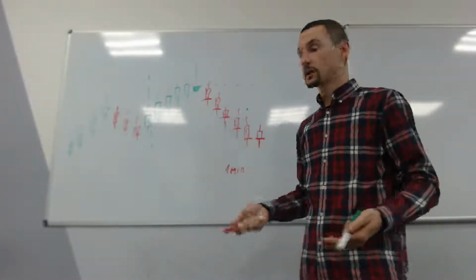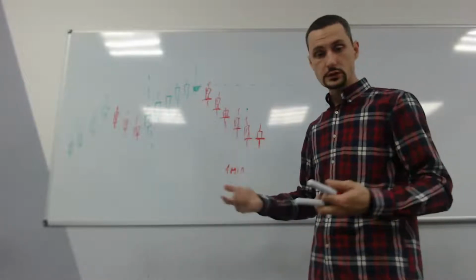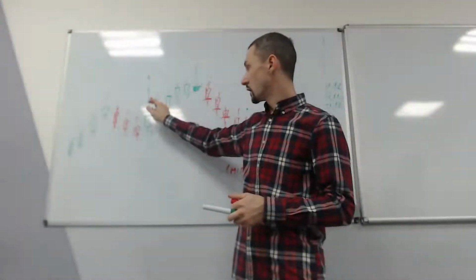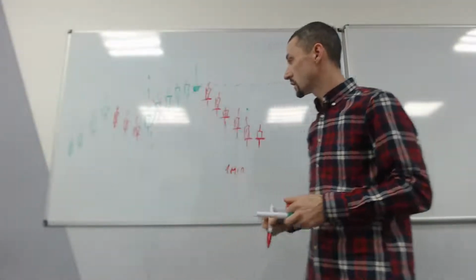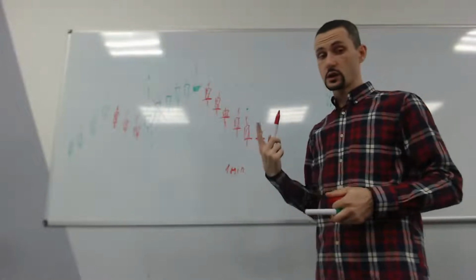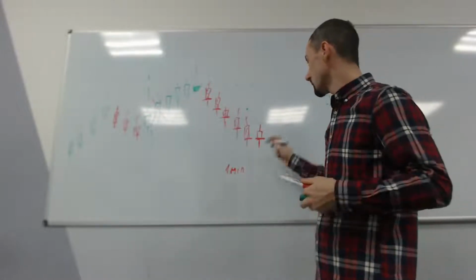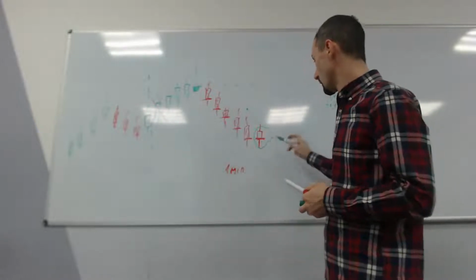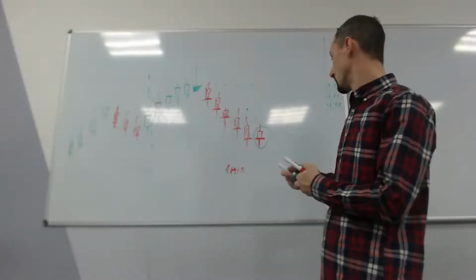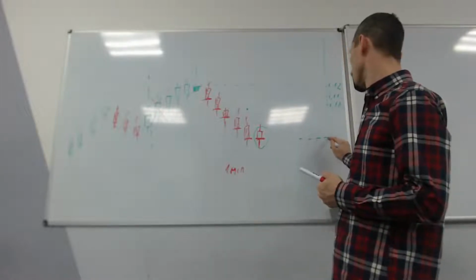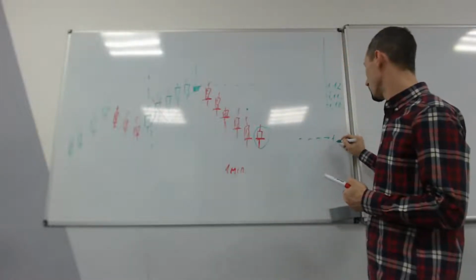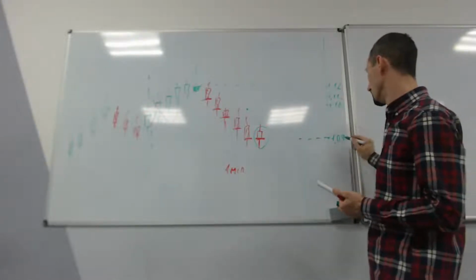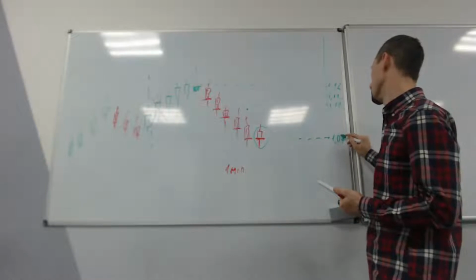And how should we count the next point? The next point will be counted like we dismount the first candle, and we add this one. It has the closing price here, for example, 109.07.